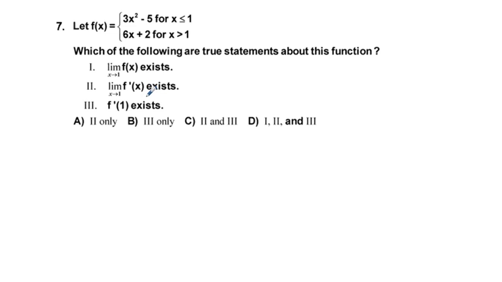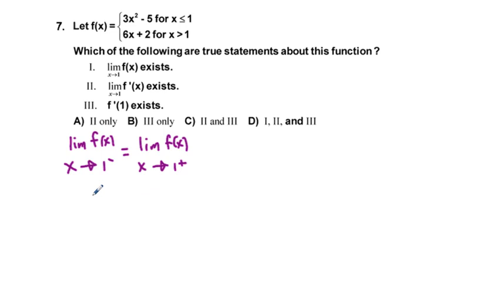Okay, 7. Let f(x) equals 3x squared minus 5 for x less than or equal to 1, 6x plus 2 for x greater than 1. Which of the following are true statements about the function? Okay, limit exists. Again, like we did in problem 6, the limit as x approaches 1 from the left side of f of x equals the limit as x approaches 1 from the right side of f of x.